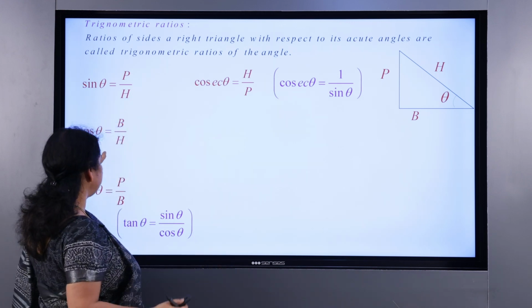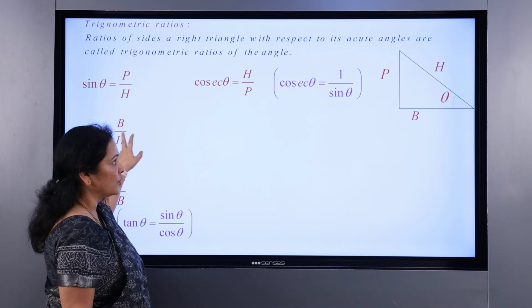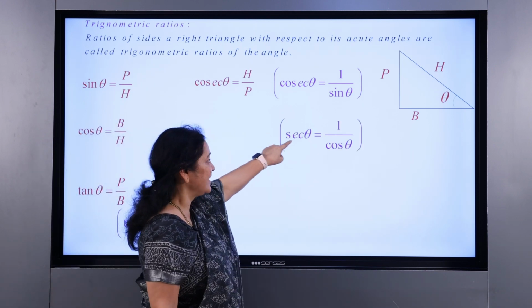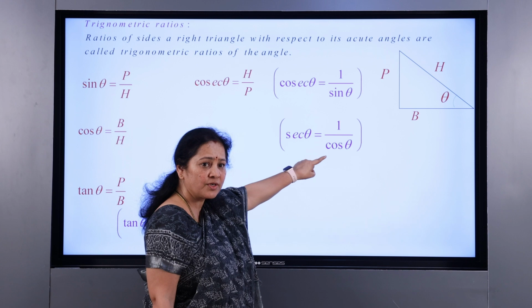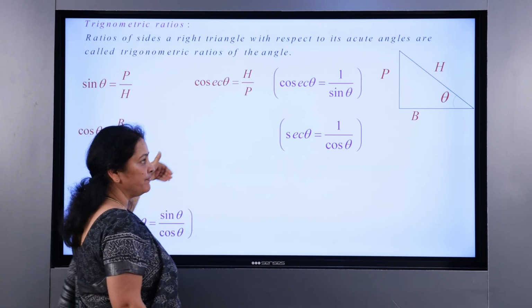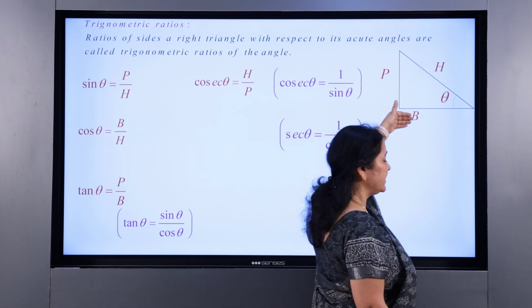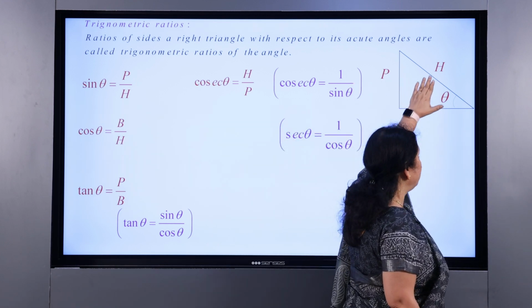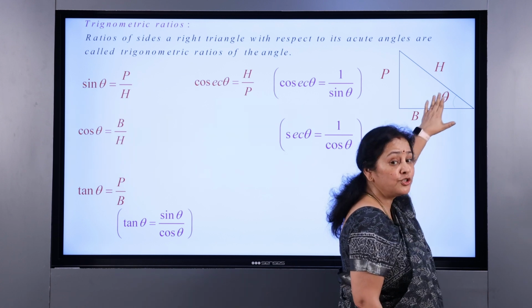Similarly, the reciprocal of cos theta, we write it as secant theta, in short sec theta, which equals 1 by cos theta. So the reciprocal of cos theta is h by b. So from the diagram, cosecant theta is h by p, secant theta would be h by b, hypotenuse by the base.